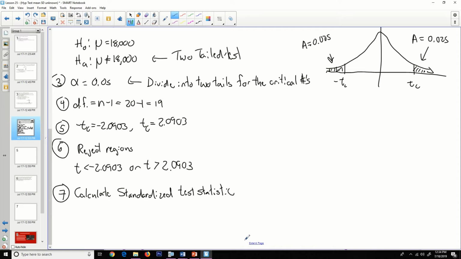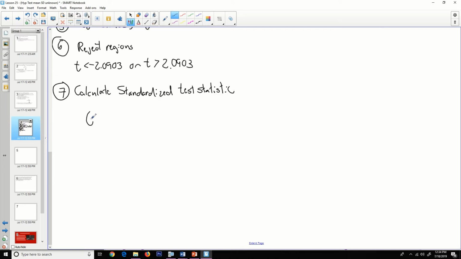All right, and so that was defined as t equal to the sample mean minus the proposed mean over the sample standard deviation divided by the square root of n. In this particular instance, that was $18,241 minus $18,000 all over the sample standard deviation of 1,586 over the square root of 20.